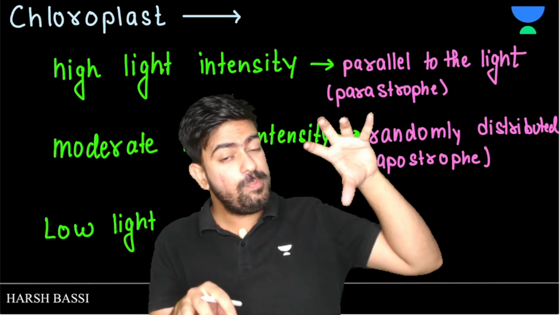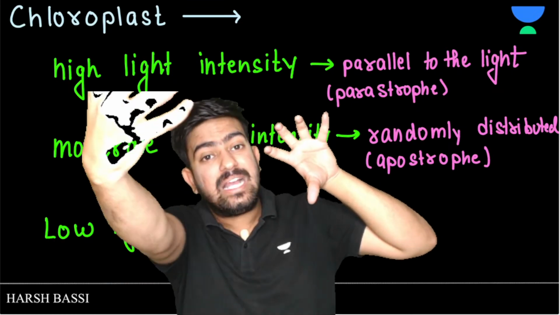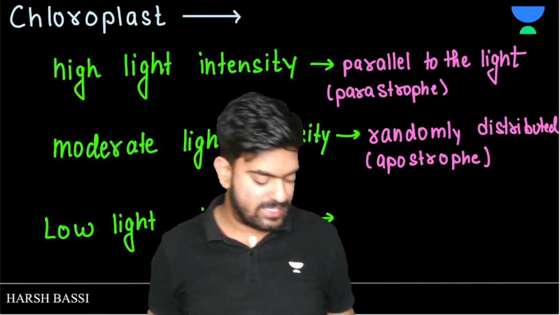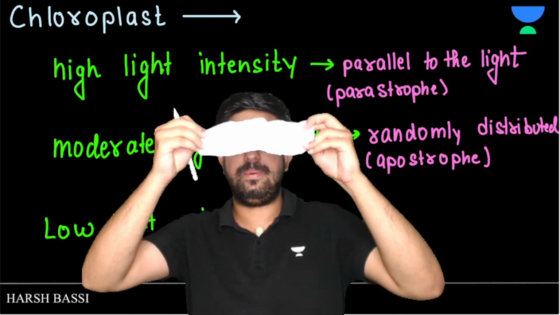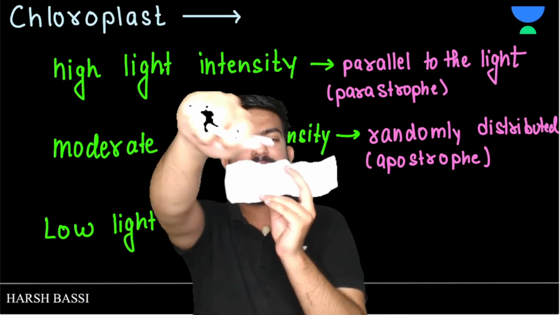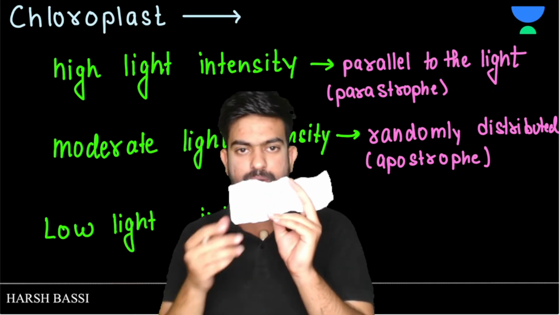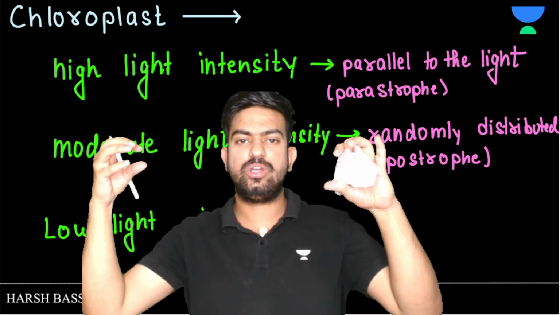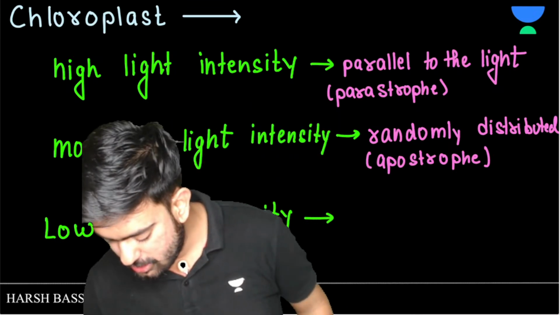So the chloroplast will try to absorb maximum light from that low intensity source. So in this case, the chloroplast is going to align perpendicular to the light, so that the light comes like this and it is able to absorb all of it. If the light is coming from here, they are going to align themselves.